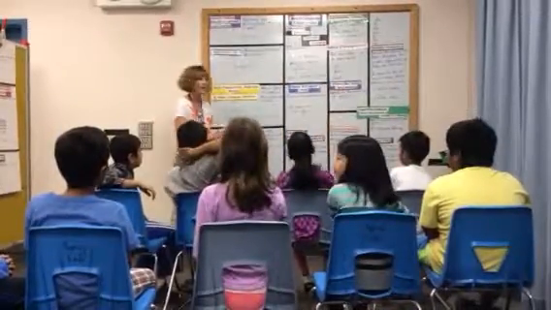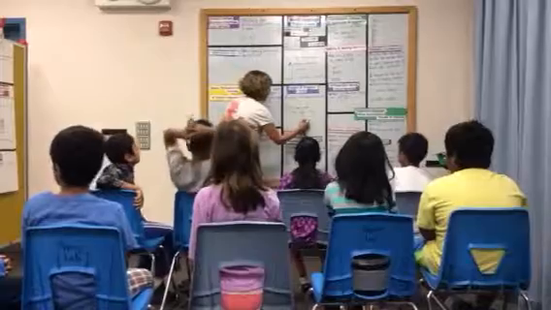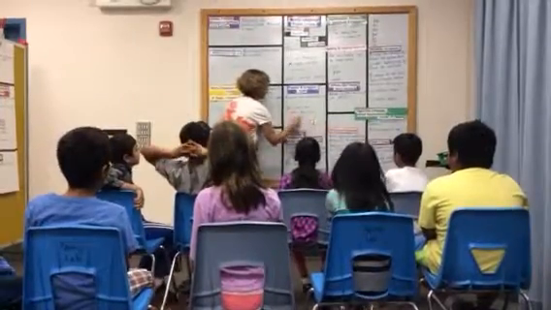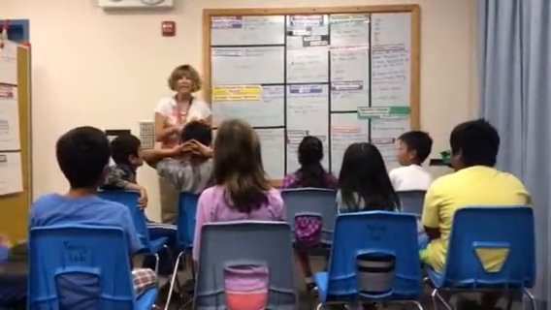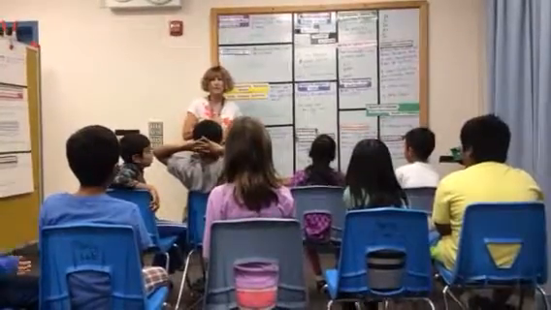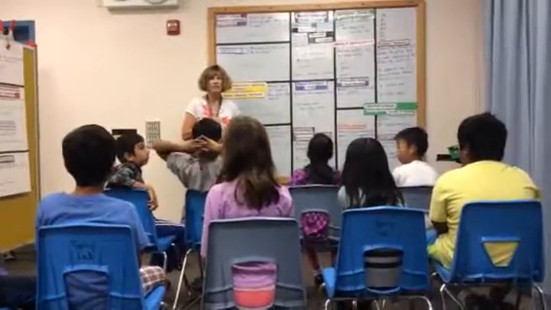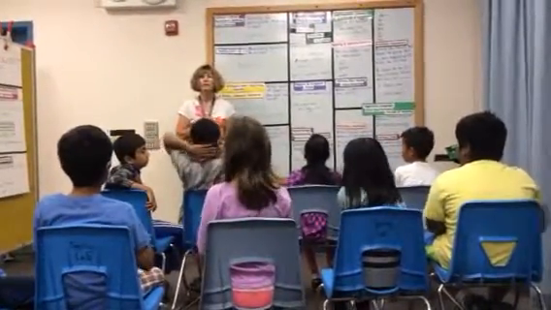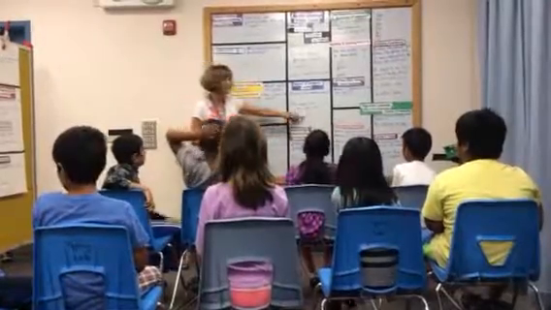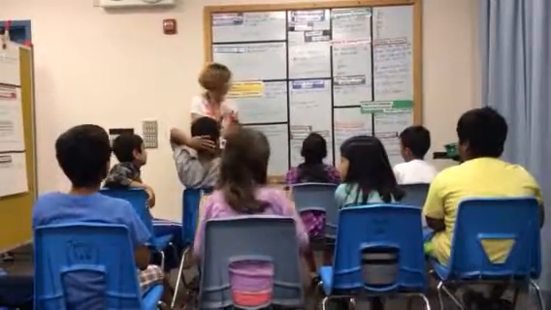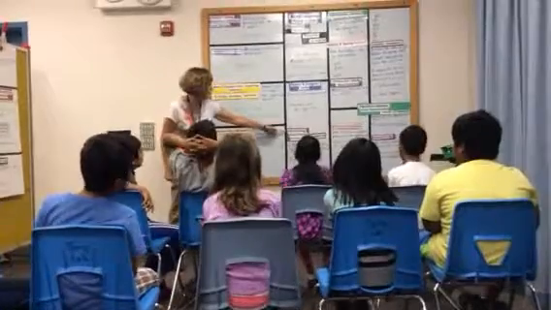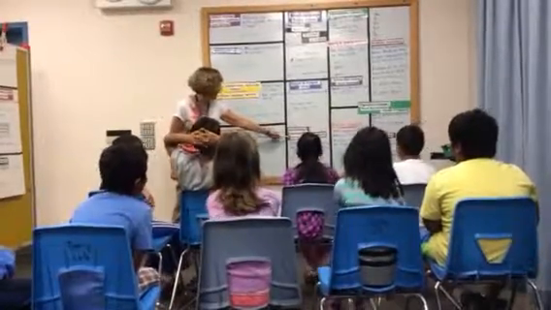Donya. Blown. Okay, so now it's between blew and blown. Once again, thumbs up next to your chest if you think it's blew. Thumbs up if you think it's blown. Blown is the right answer. Very good. Moving on.